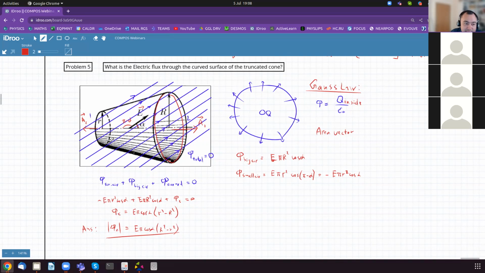And the charge inside that surface is obviously 0. It's not a charged surface, it's just a cone inside an electric field. Therefore, the total flux is 0. Does that make sense, Adam?